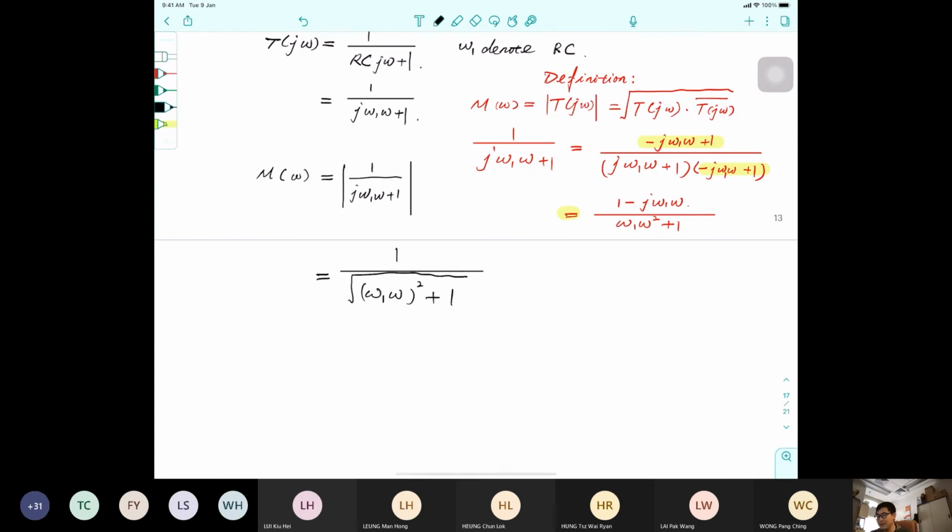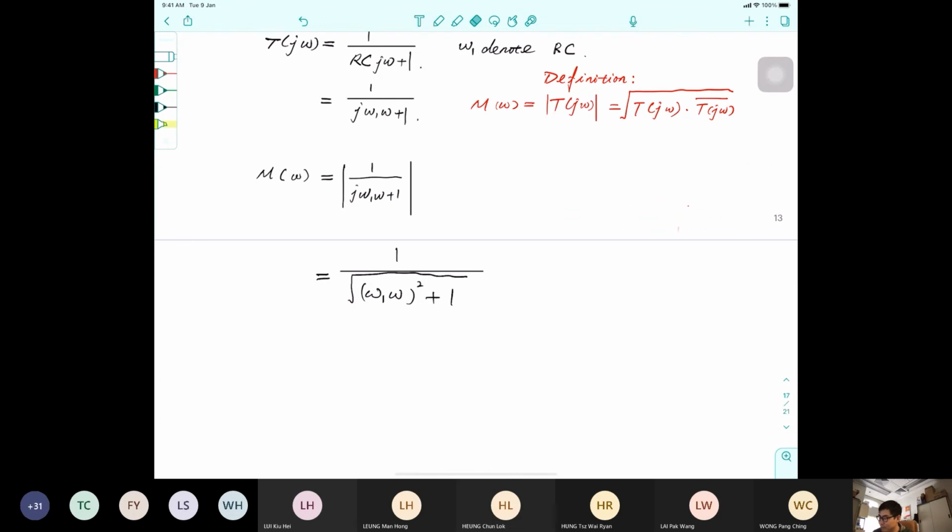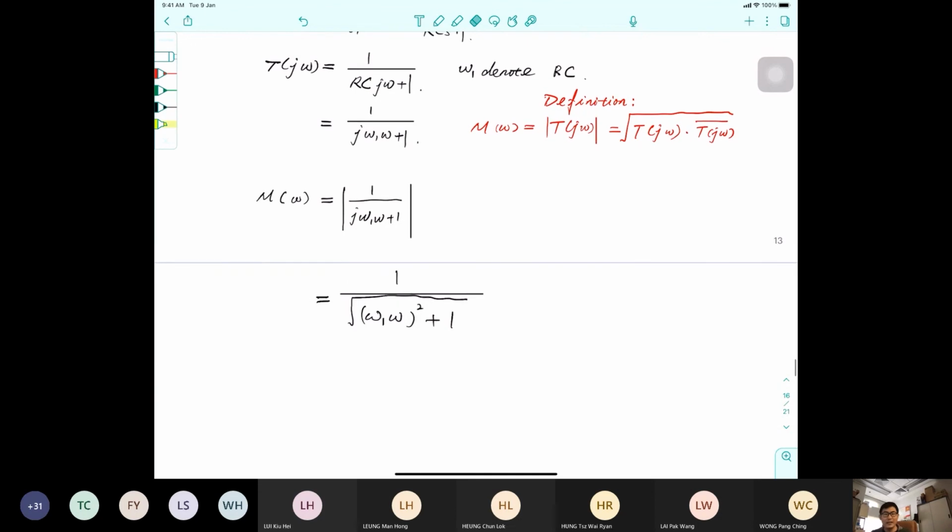This is the answer. Other details you don't need to worry about, just remember this: the absolute value of 1 over a plus jb equals 1 over the square root of a squared plus b squared. Okay, that's it.